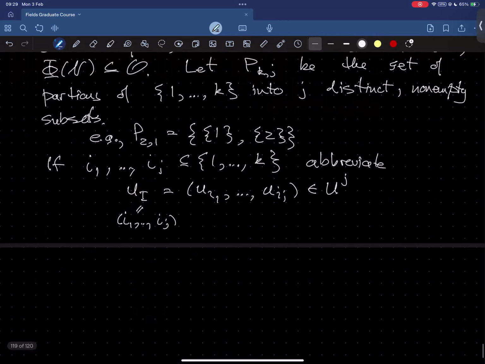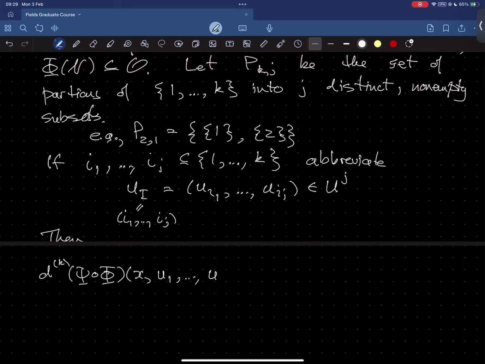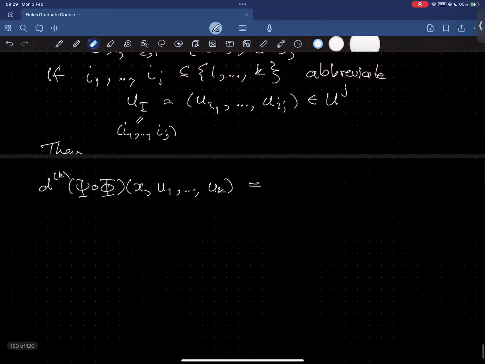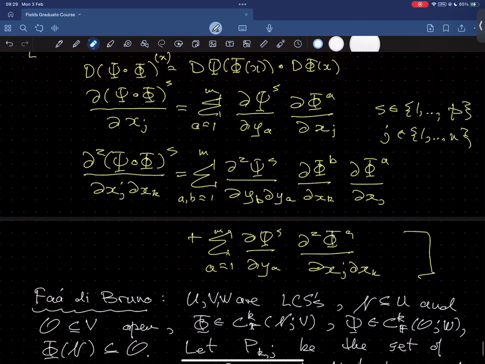All right. So then we can write down the formula. And here's what it is. D^k (psi composed with phi)(x)(u_1 up to u_k) is, okay, maybe interesting just to take stock of these formulas that we did up here.